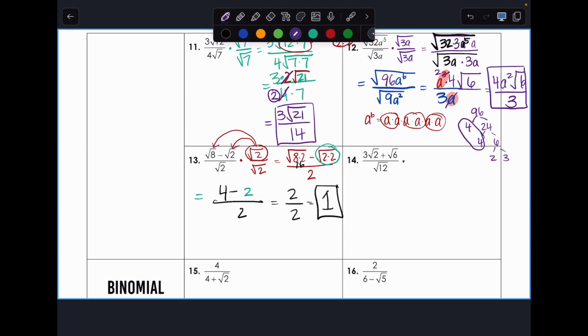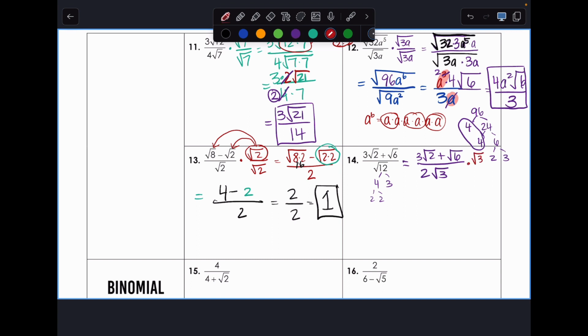So meaning this, if I were to simplify this, it's 4 times 3, right? And then 2 times 2. Then this would be 3 rad 2 plus rad 6 over 2 rad 3. Then I would not have to use square root of 12 to multiply numerator and denominator. I can use just rad 3, square root of 3.